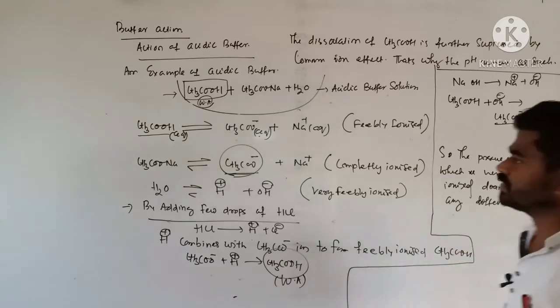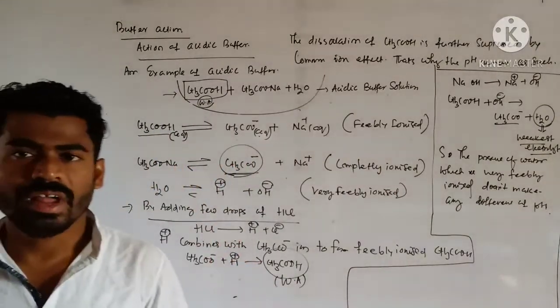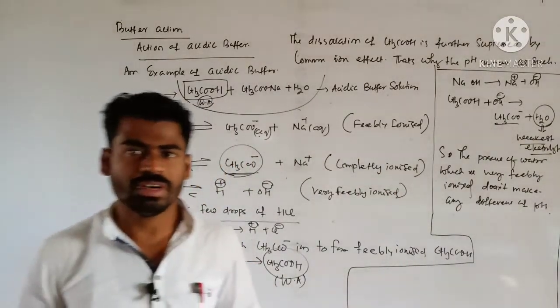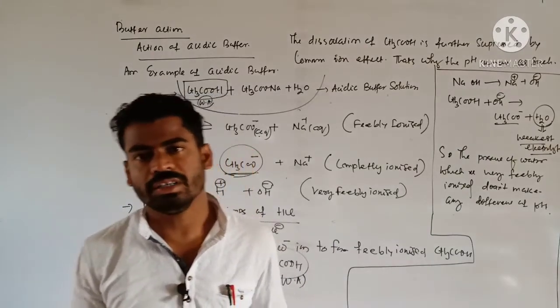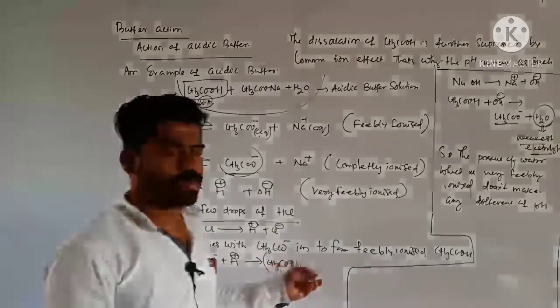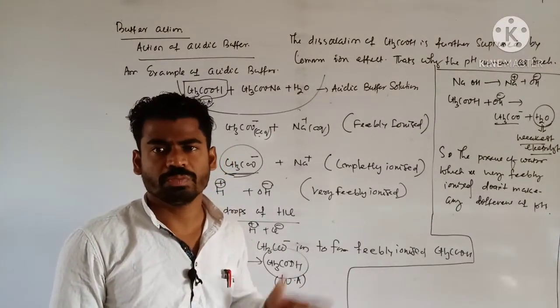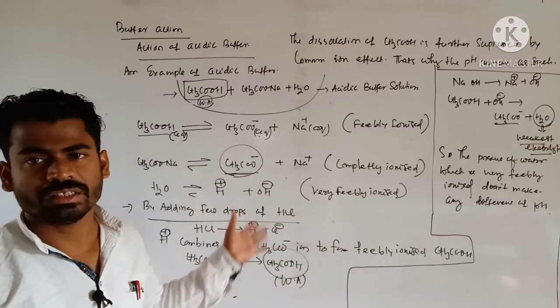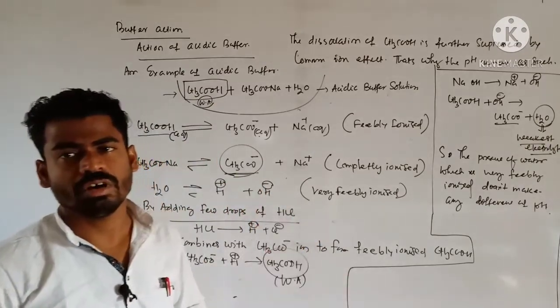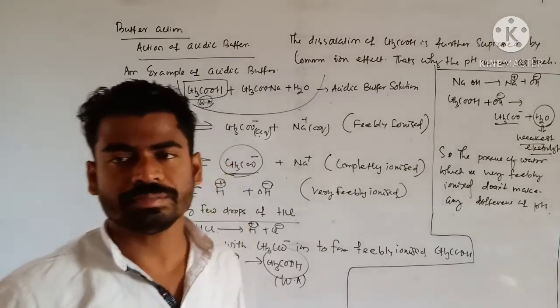That's why this is what I called the action of a buffer. And the effect of dilution, dilution means you have to add water, and water is a weak component. The formation of H plus ion from water is very less, it's a neutral solution, so pH remains the same. So this is called the buffer action of an acidic buffer. That clear?